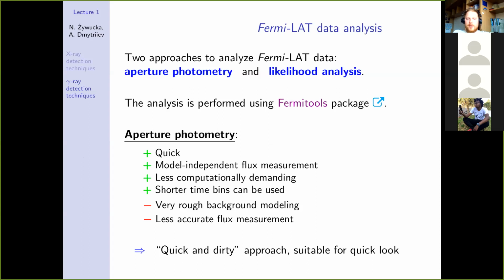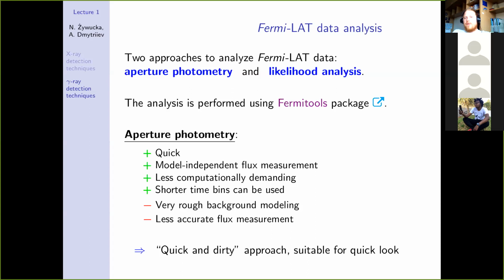It's quick, and it provides a model independent flux measurement as you're just counting photons, nothing more. It's less computationally demanding, you don't involve any heavy mathematics, and you can use shorter time bins, so you can have very precise, very detailed light curves.